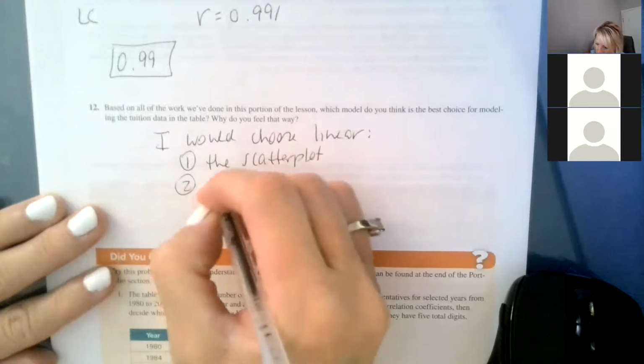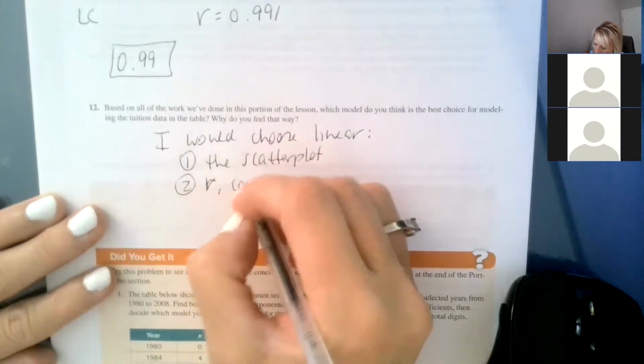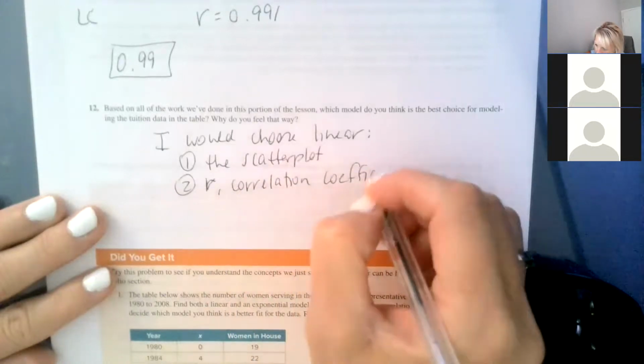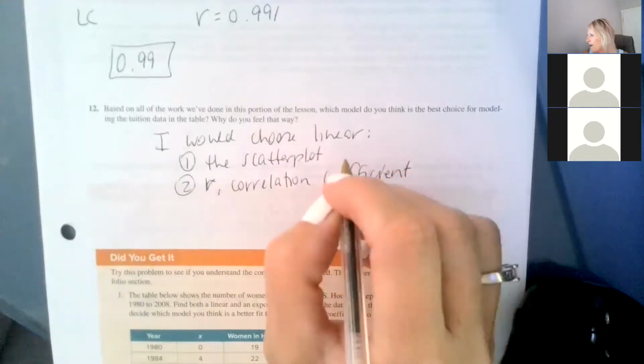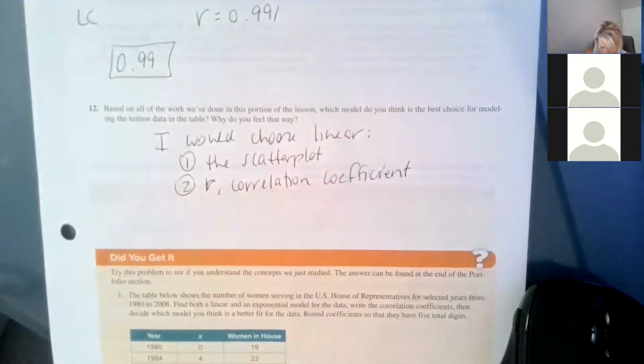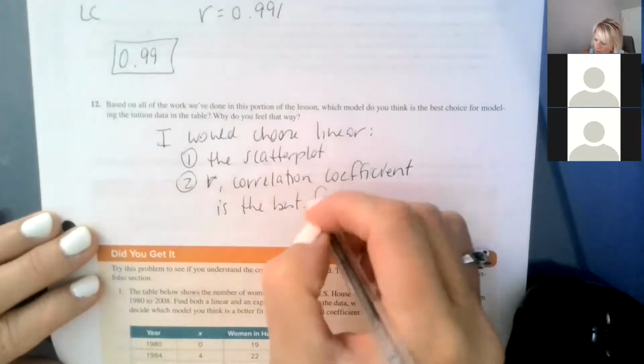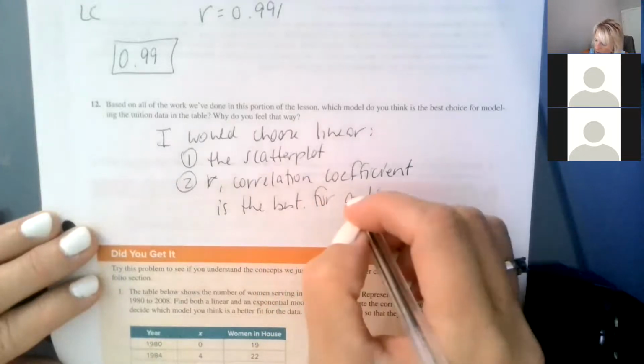And then the main thing is my R, my correlation coefficient, is the best for a linear model.